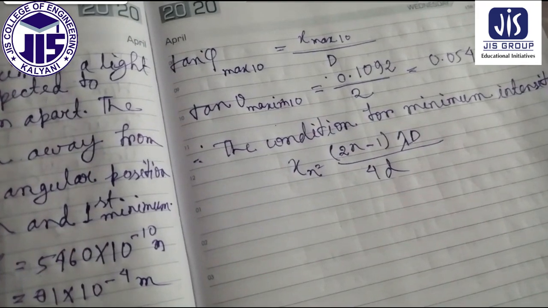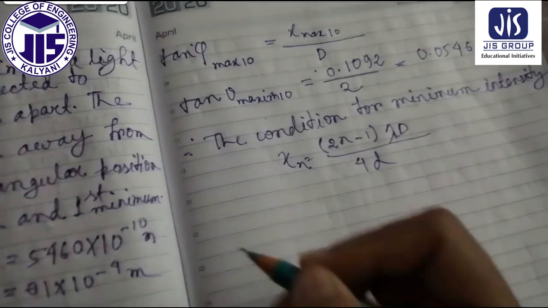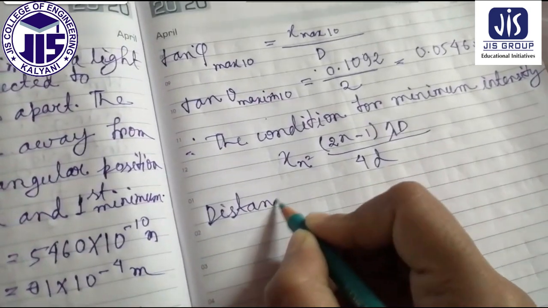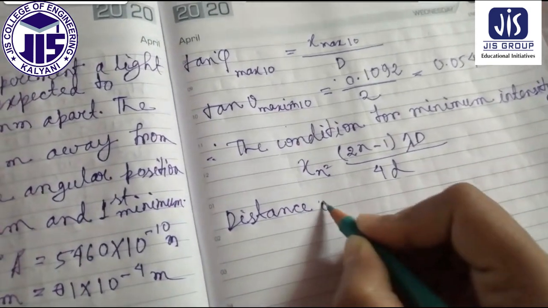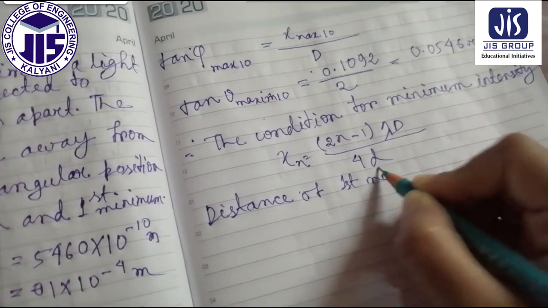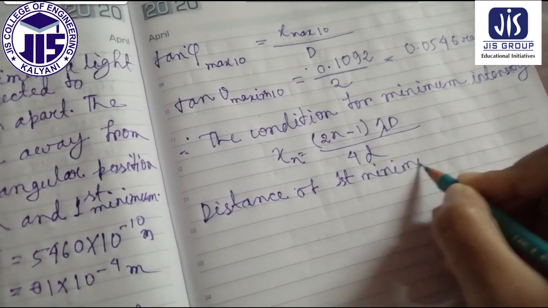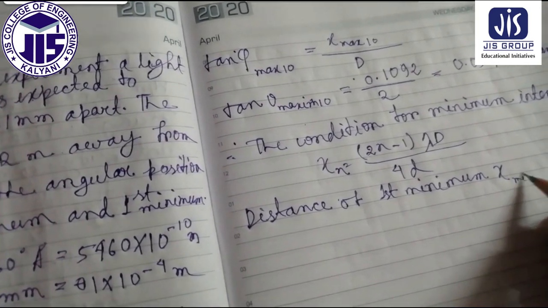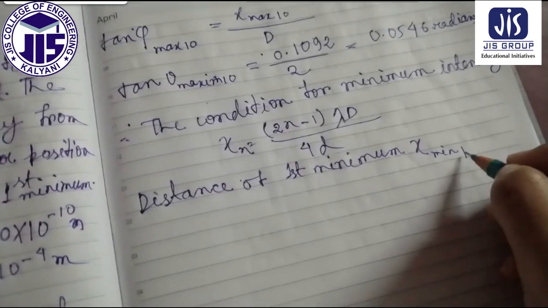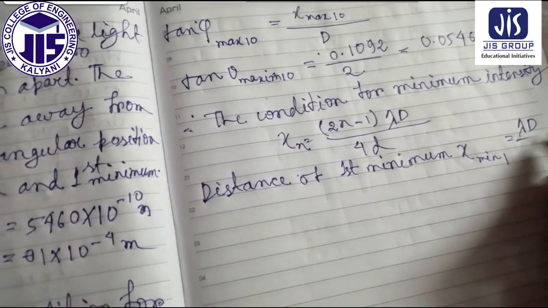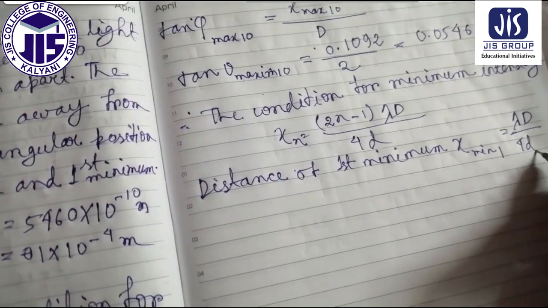So the distance of the first minimum, x minimum 1 for the first minimum, will be equal to lambda capital D by 4 small d.